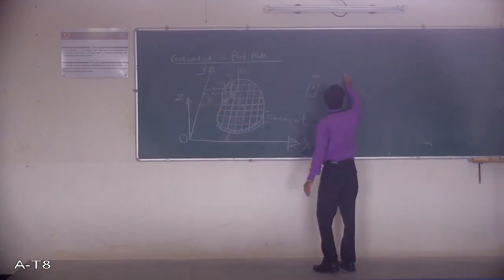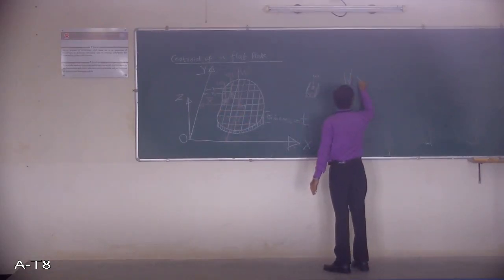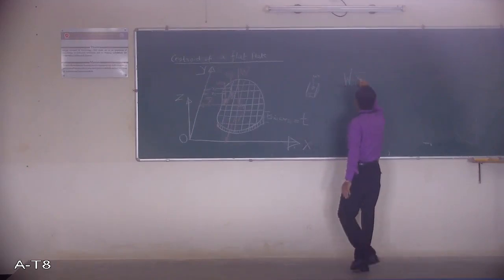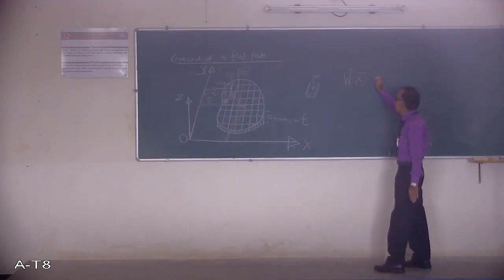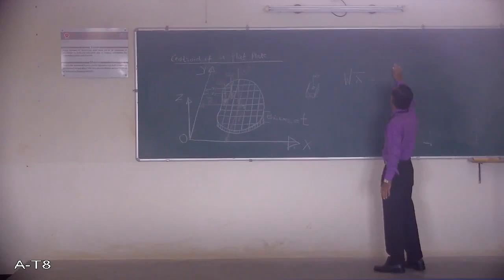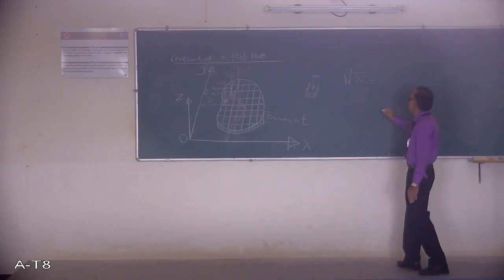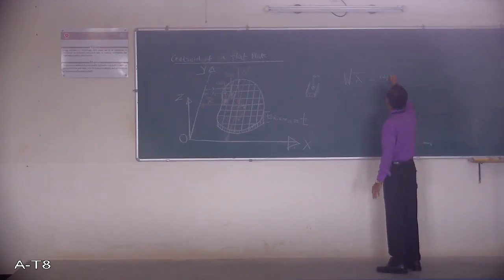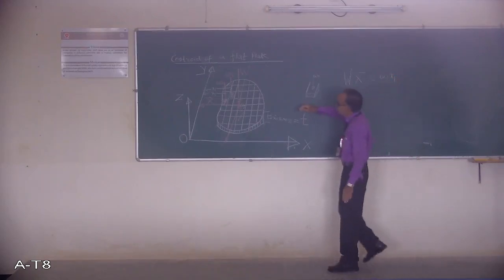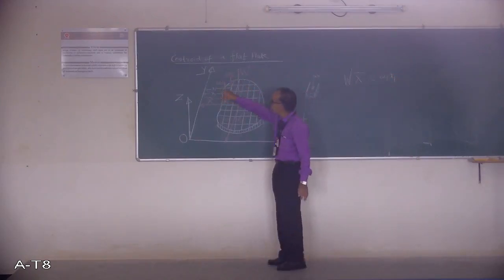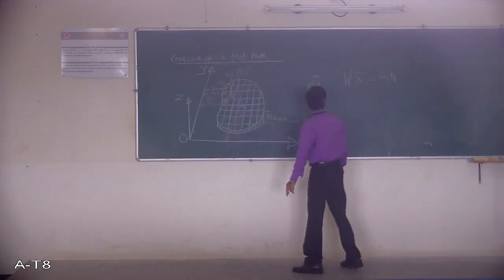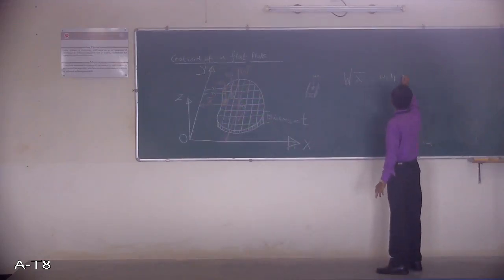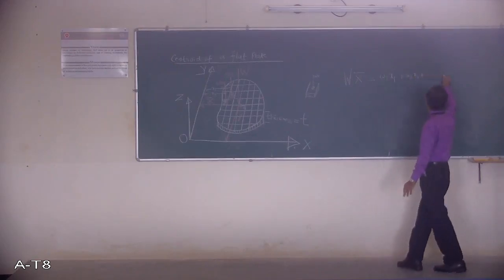Moment of the resultant about any axis, R into x bar, is equal to the moments of the individual forces about the same point. Individual forces are W1, perpendicular distance x1, W2, perpendicular distance x2, so W1 into x1 plus W2 into x2, and so on.